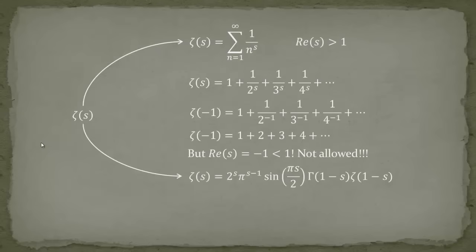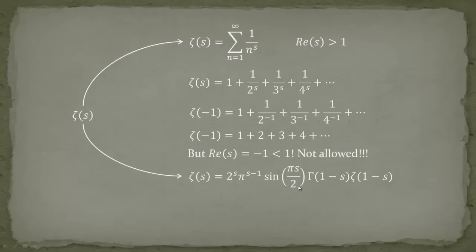But the interesting part is it doesn't use infinite sums, at least not explicitly, while we have two strange things here. First of all, this gamma function and this zeta function, which are both using some kind of infinite expressions. But you have 2 to the s, pi to the s minus 1, you have sine, pi s over 2, you have gamma of 1 minus s, and you have zeta of 1 minus s.